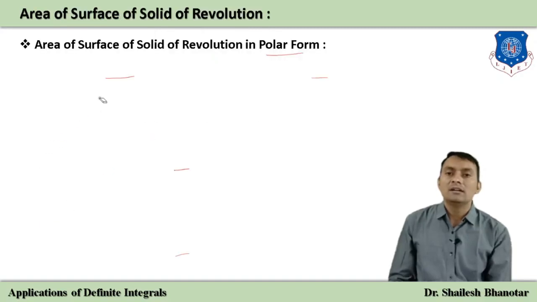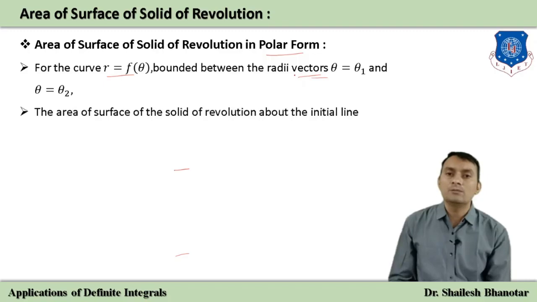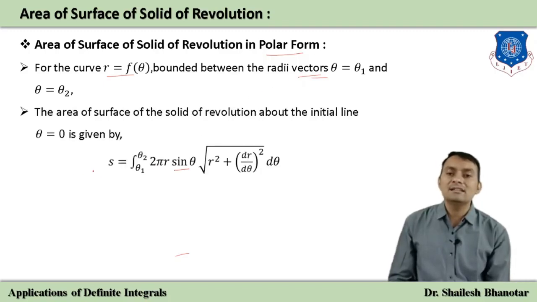Now we have the area of the surface of the solid of revolution in polar form. In that case, the curve is r equal to f of theta, bounded between the radii vectors theta equal to theta 1 and theta equal to theta 2. When we rotate about the initial line theta equal to 0, the surface area will be S equal to the integration from theta 1 to theta 2 of 2 pi r sin theta into the square root of r square plus (dr by d theta) square, into d theta.